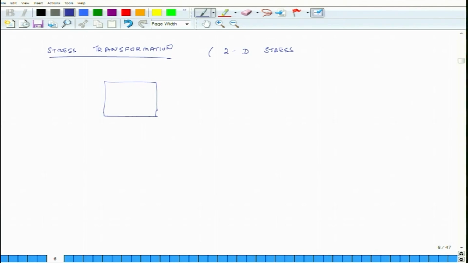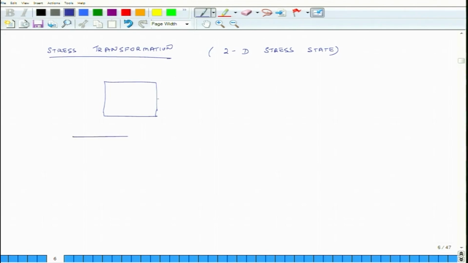So, we do not have to worry about the third direction. So, 2D stress state. This is a thin lamina or thin layer, it could be metal or composite, unidirectional lamina or whatever, it does not matter, and it is having a two dimensional state of stresses.